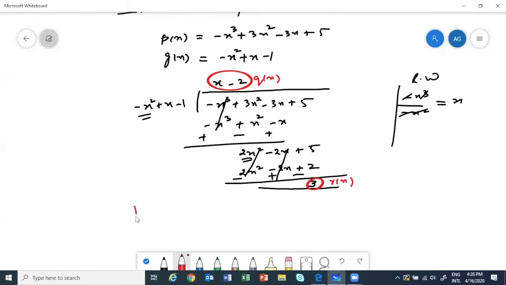So we have to verify that P(x) is equal to G(x) multiplied by Q(x) plus R(x). So let's take our right hand side and solve, and let's see if we get our left hand side.